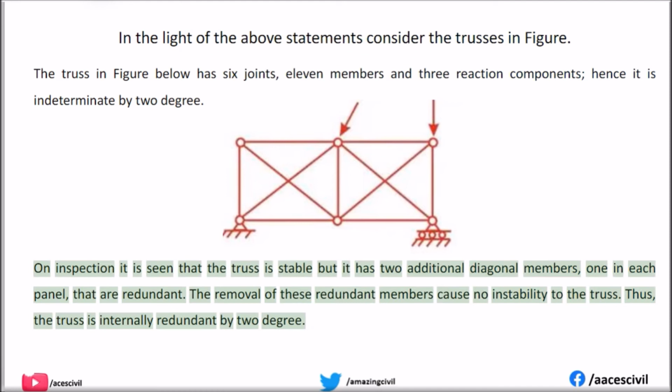On inspection it is seen that the truss is stable, but it has 2 additional diagonal members, one in each panel, that are redundant. The removal of these redundant members causes no instability to the truss. Thus, the truss is internally redundant by 2 degrees.